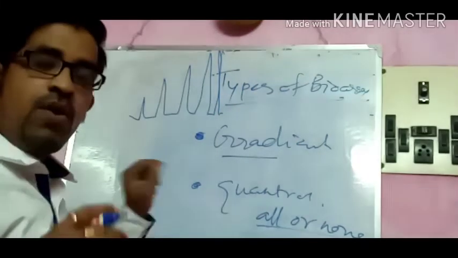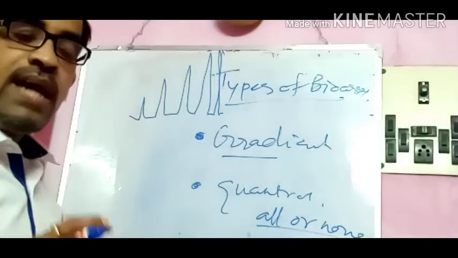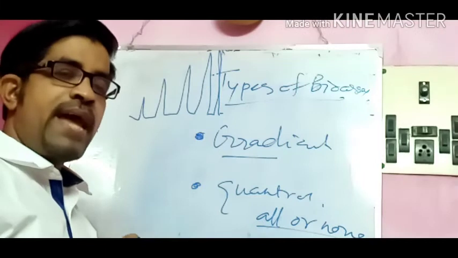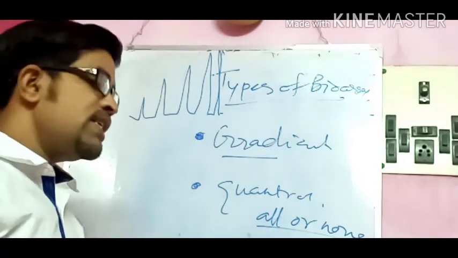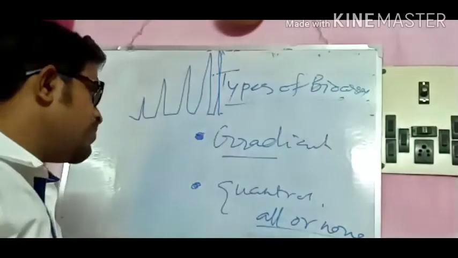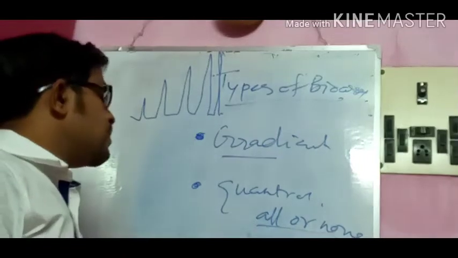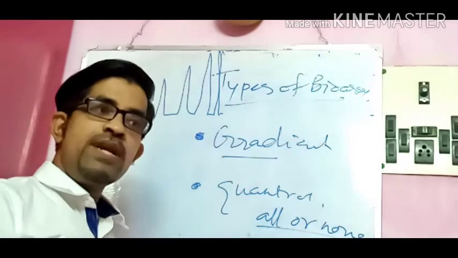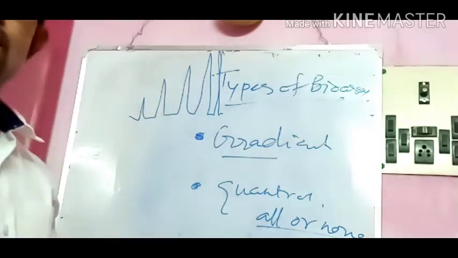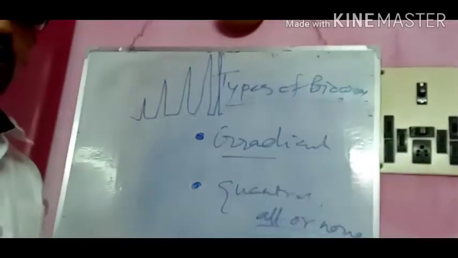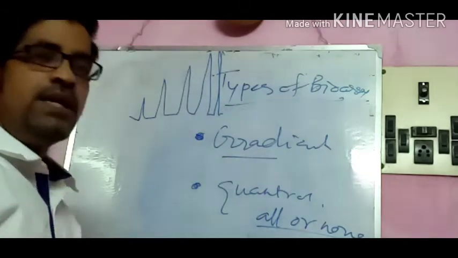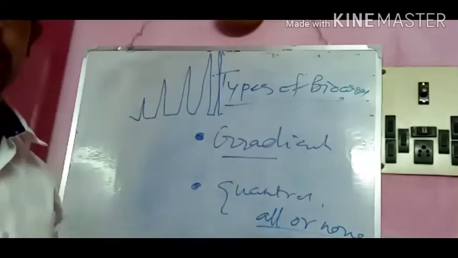Quantile method means all or none phenomenon. Suppose any drug which has anti-diabetic activity, like insulin, you are going to give, and automatically it will reduce the sugar level, or reverse the hyperglycemic situation.